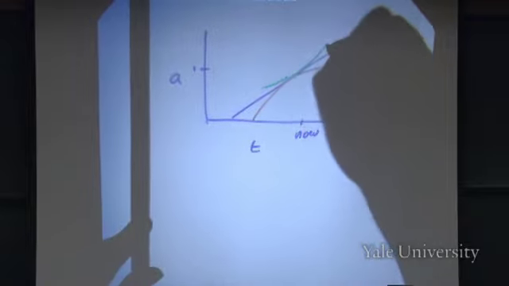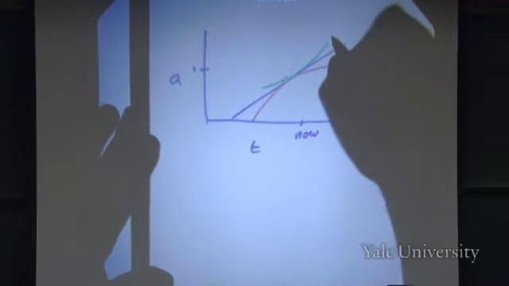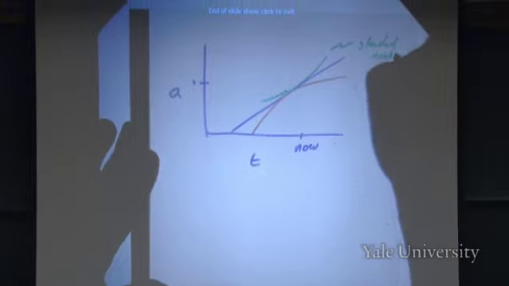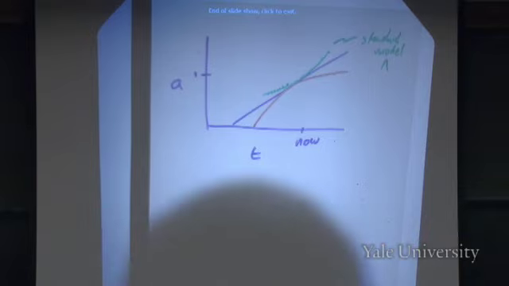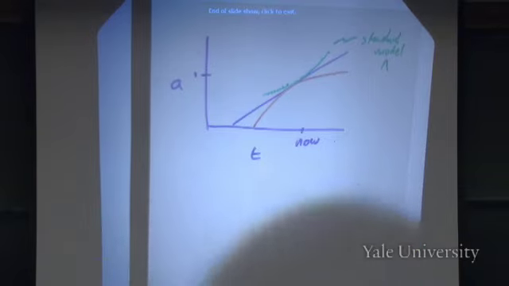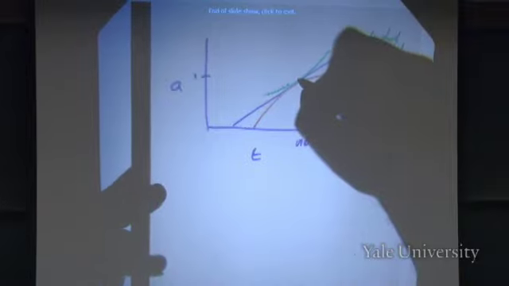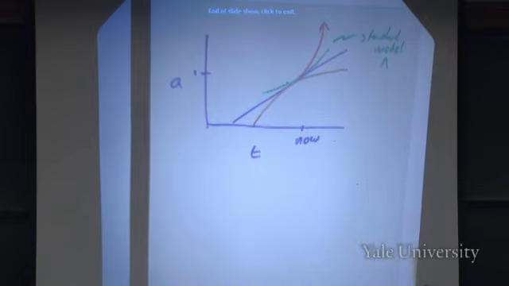And you can extrapolate a kind of gentle expansion that looks like this. This is the standard model with a cosmological constant. But if you assume that things get even bigger, that the dark energy increases per volume with time, then you asymptotically go to infinity at some time in the future and you blow everything apart.